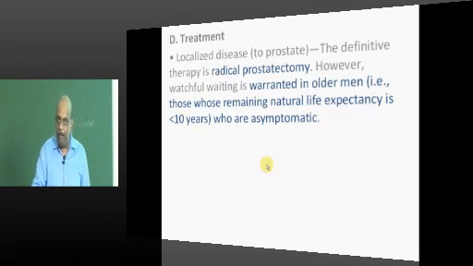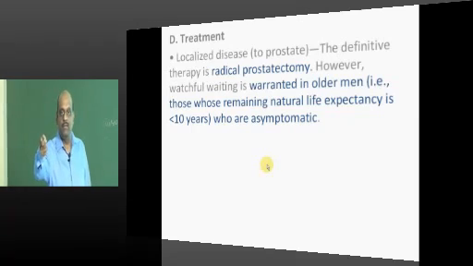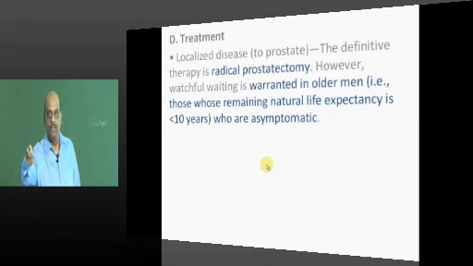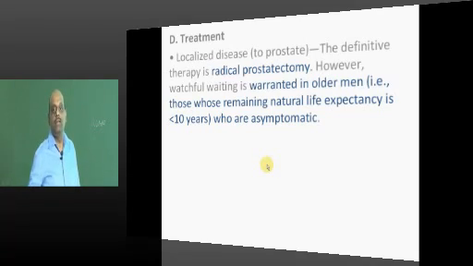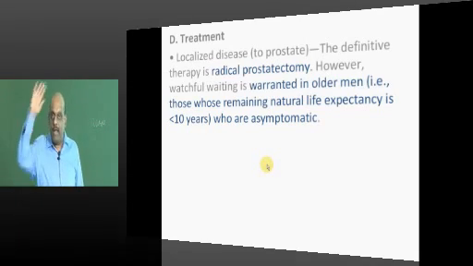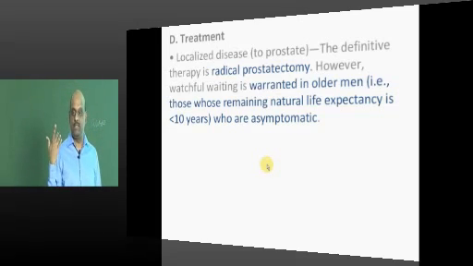The remaining penile urethra, you directly join it with the bladder. Because when you remove the prostate in radical prostatectomy, the prostatic urethra is also out. So the remaining part of the urethra you will join with the bladder. Directly from the bladder into the penile urethra, urine will pass.